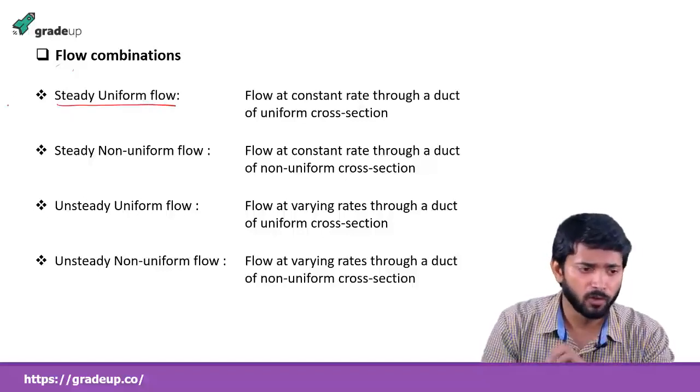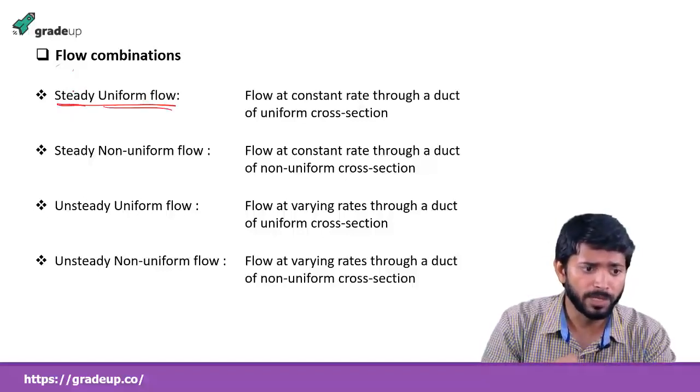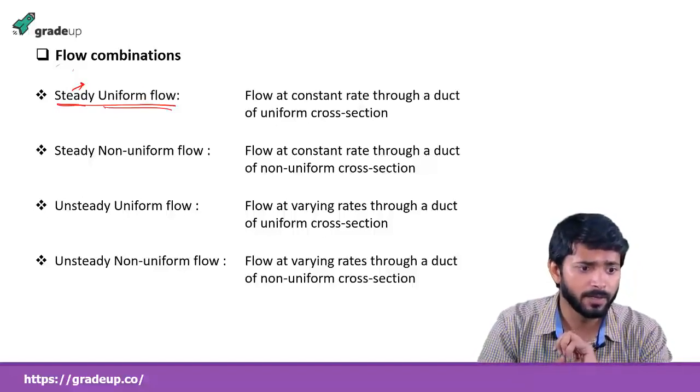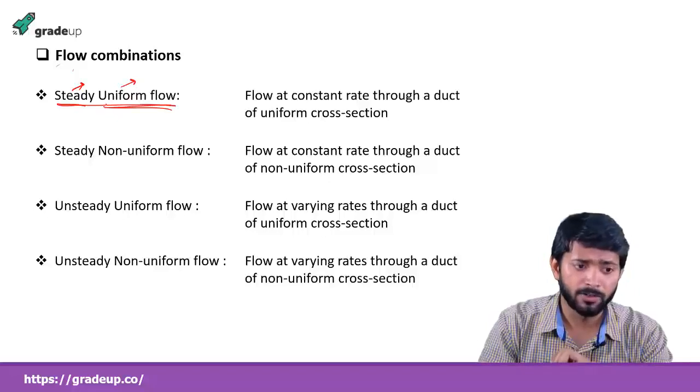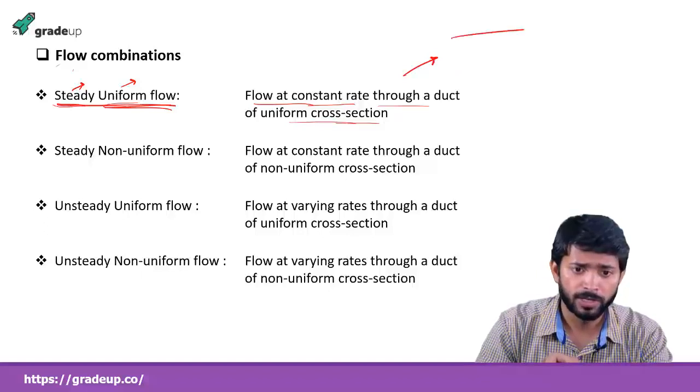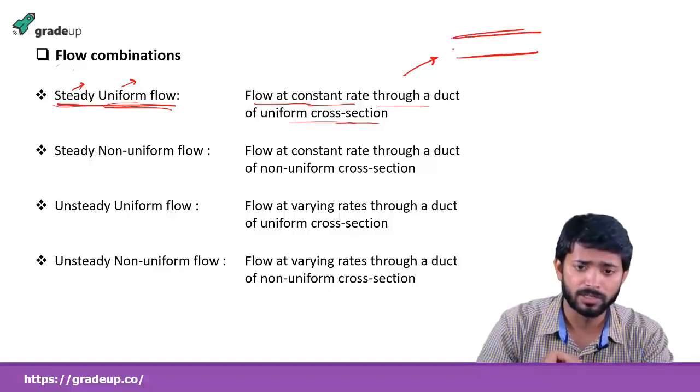Steady uniform flow means a flow in which the flow condition does not depend on time, and again does not depend on space. It is the flow at constant rate through a duct of uniform cross section. Here, say 5 meter per second here, again 5 meter per second here, and 5 meter per second here.